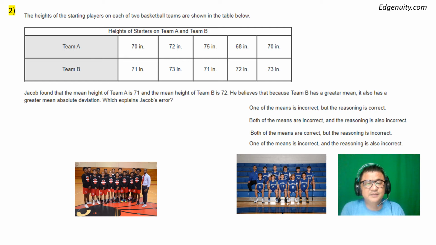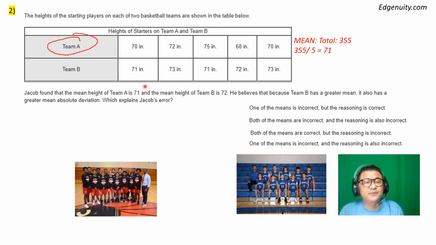Let's start with team A. If I add 70 plus 72 plus 75 plus 68 plus 70, I get a total of 355. Then I divide it by 5. So the average is 71.